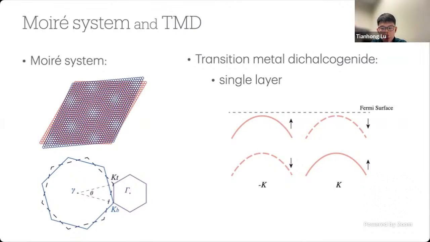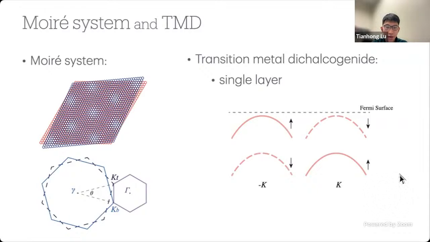Close to the K point, the topmost two valence bands carry opposite spin, spin down and spin up. Close to the minus K point, which is another high symmetry point, the topmost two valence bands carry spin up and spin down, which is a time reversal copy of the K point.